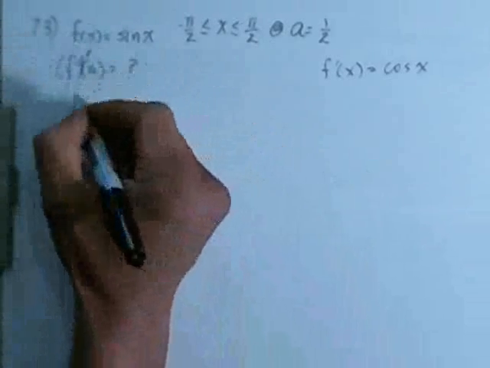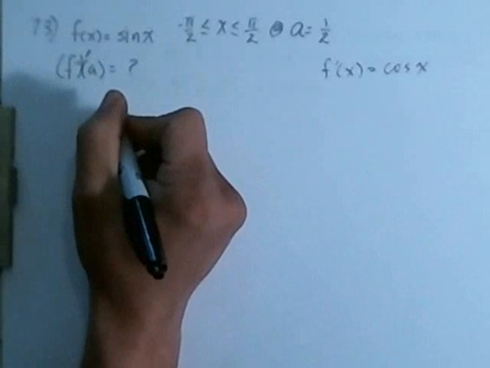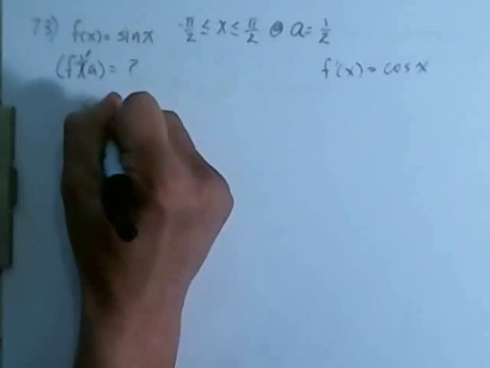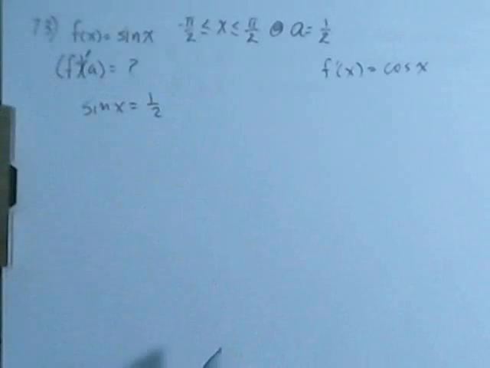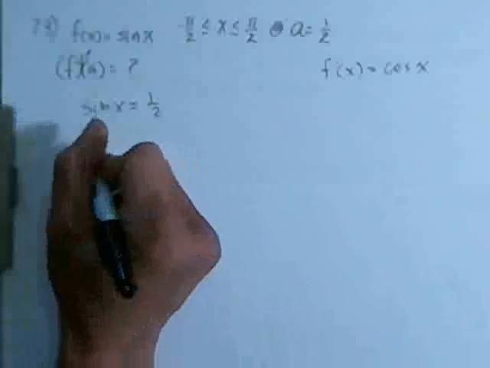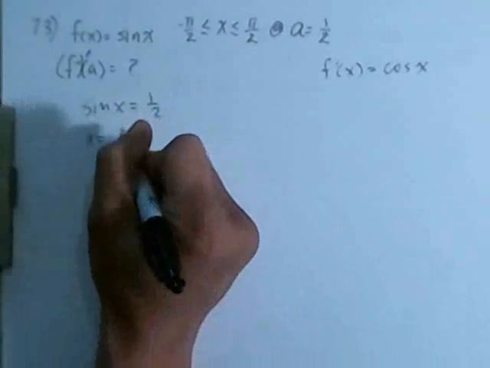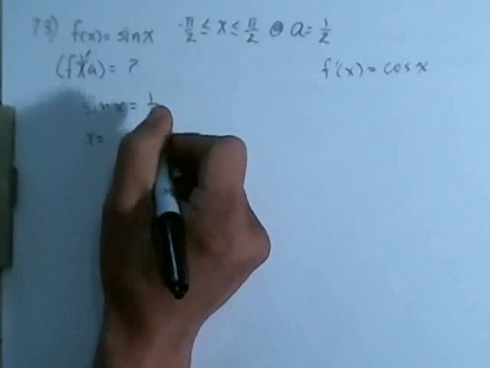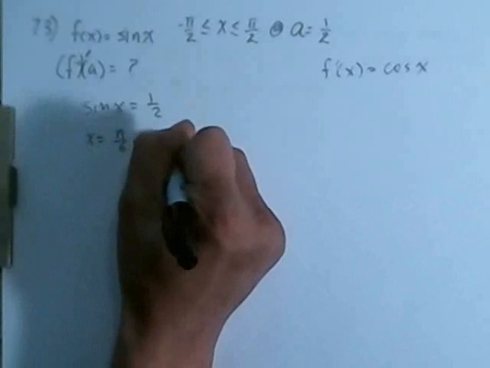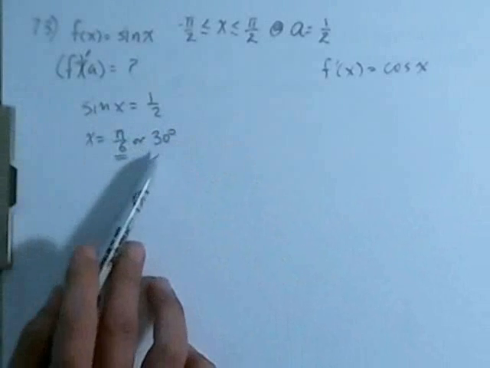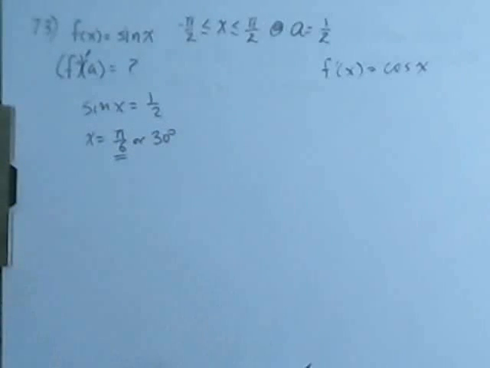So sine of x is equal to 1/2. At what angle will it be 1/2? Given this restriction, it's going to be at pi over 6, or 30 degrees. Since we're not dealing with degrees, we're going to keep it in radians, which is pi over 6.